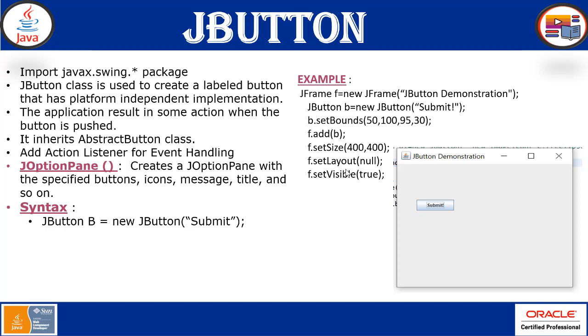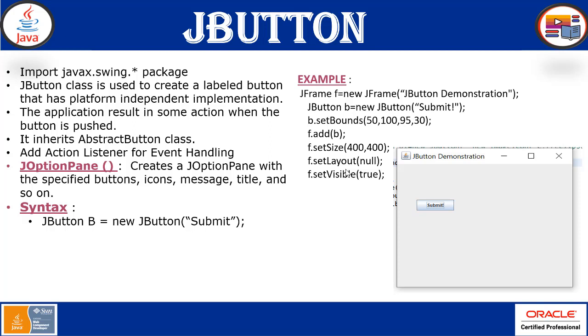There is also something called JOptionPane, which helps you customize your button with icons, a message or text or title, or more options like yes, no, exit, new game and so on.